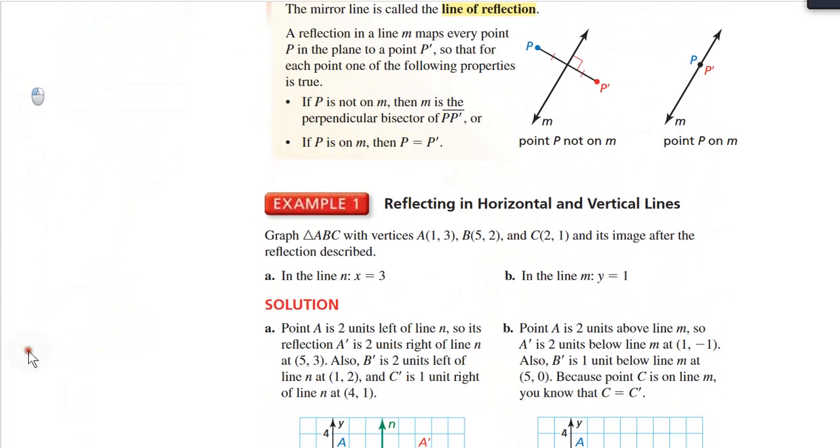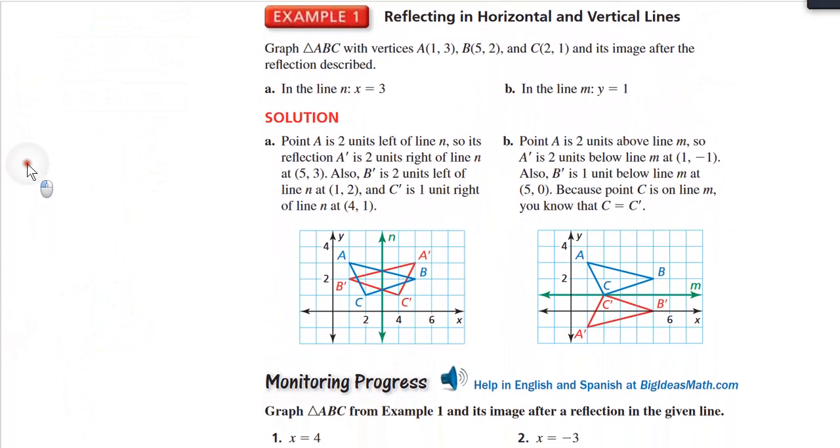Okay, here we go. All right. So they've got some lines of reflection. If we started with, notice point A and point A prime, they're the same distance from the line of reflection.